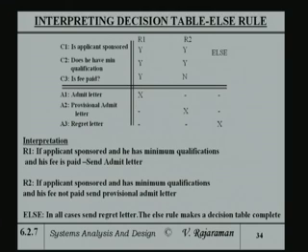If the applicant is sponsored, he has minimum qualifications, but the fee is not paid, so you have already filtered the application and found out that he is eligible, but his fee is not paid, then send a provisional admit letter which may state: kindly pay the fee by such and such date for your admission to be valid, otherwise you will not be admitted.